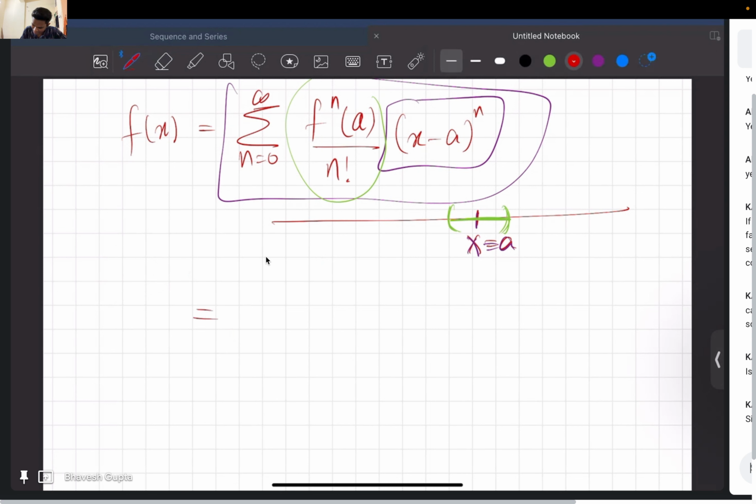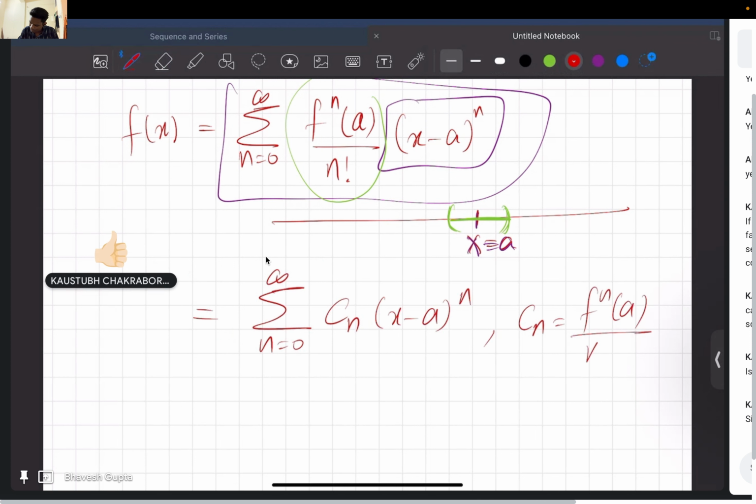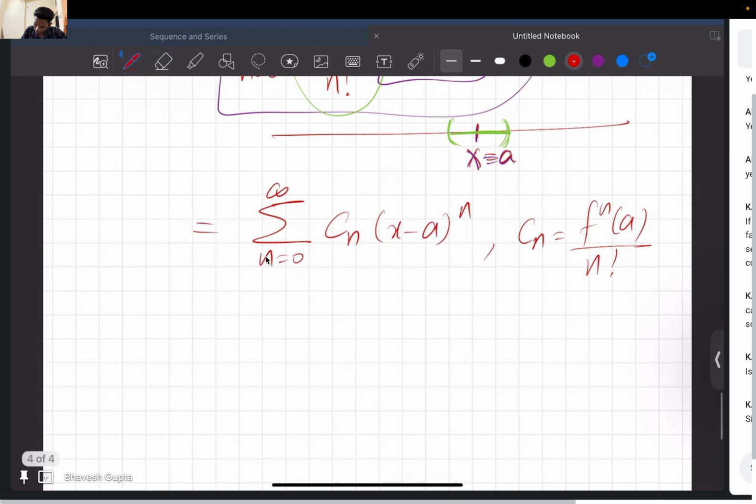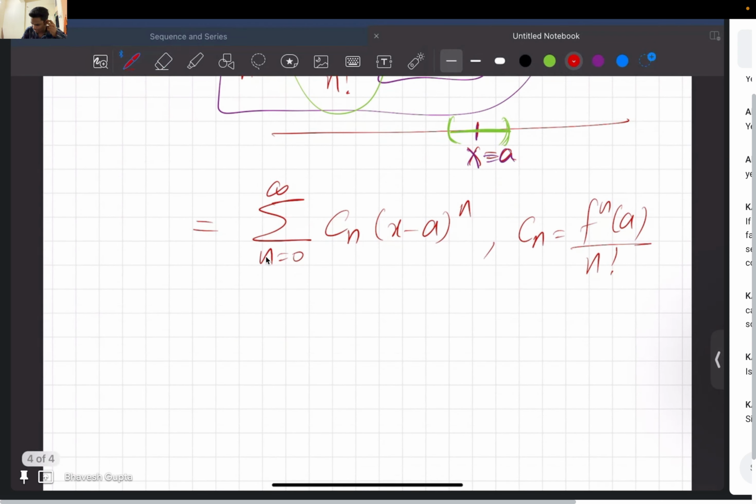Because now you can see that this is nothing more than this, right? Let me write this as Cn so that there's no confusion. Is this clear? What I have written here, Cn is this. Now do your root test to check the convergence. How do you do the root test? You do this, right?